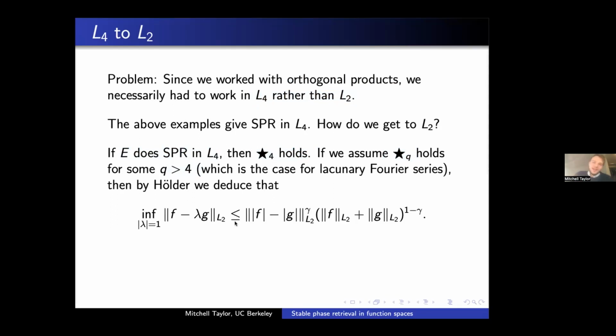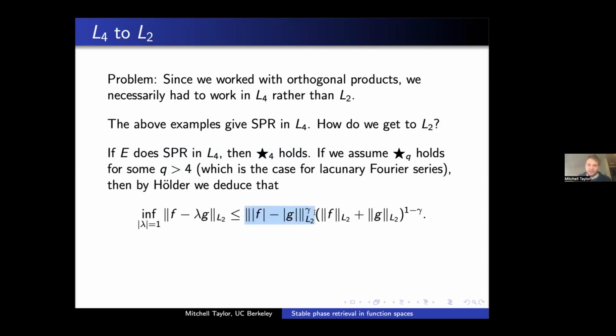So we make just a very small supplementary condition, which is necessary by Dan's talk, because we could build subspaces where you're SPR in L4, and so you satisfy star 4, but you don't satisfy star 4 plus epsilon. But if you assume such a thing, then by a very simple Hölder argument, you can get to L2 at a cost, and the cost is that I lose some regularity.